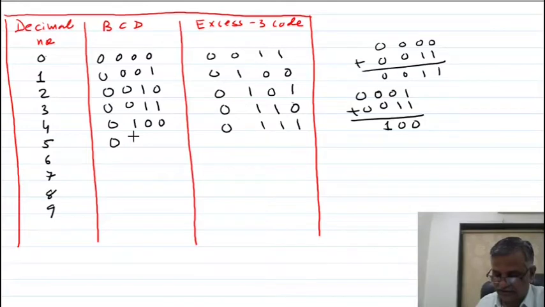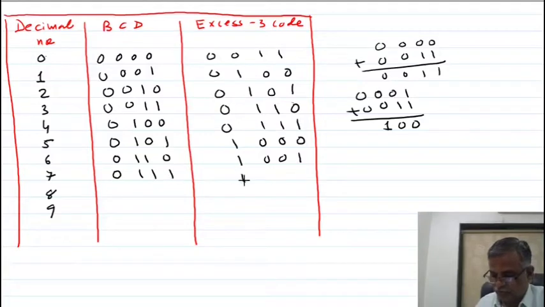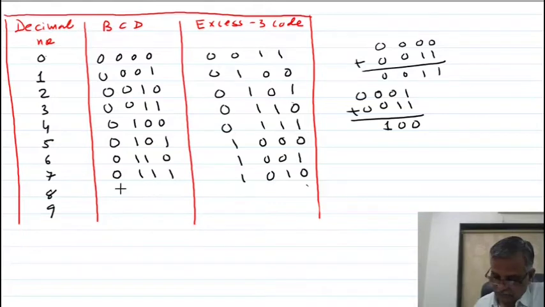So it's very easy. You have to add only 3 here, so you will get the idea of how to write. You do the practice for your writing.